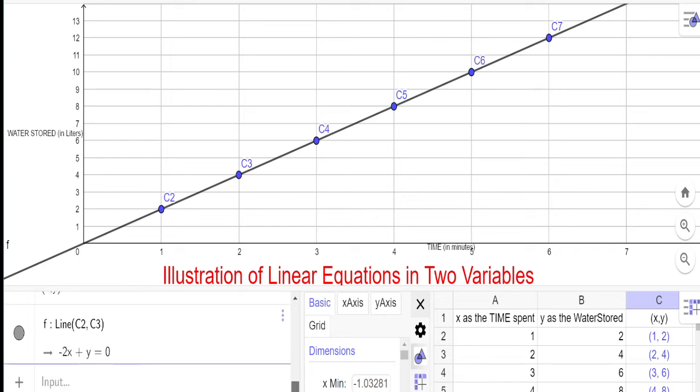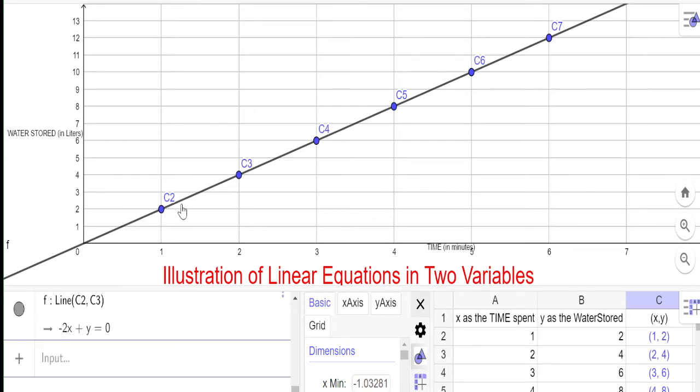So, notice dito, ipinakita ang linya nung i-connect natin lahat yung dots. Naging negative 2x plus y equals 0. Bakit 0, sir? So, the relationship between the time spent and water is this. For every minute, magkakaroon ng 2 litrong tubig na maimbak.